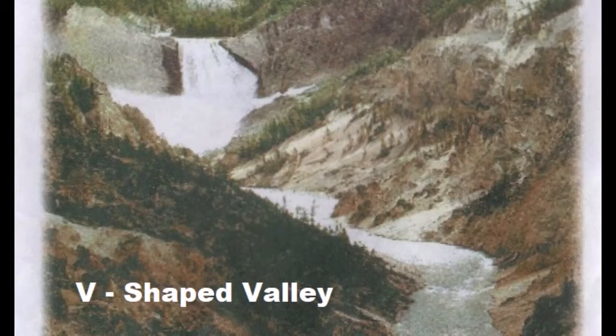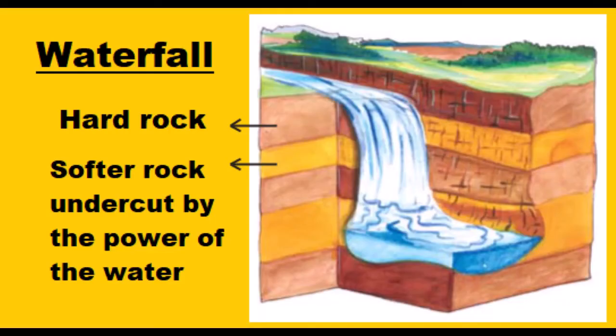Due to the erosional work of the river, it widens and deepens the river valley, and such a valley is called a V-shaped valley. In hilly areas, the river moves very swiftly. Thus, erosional and transportation activity is more and no depositional activity takes place.